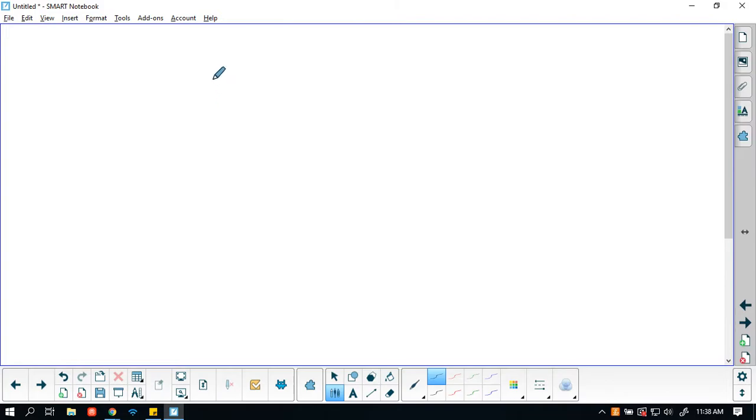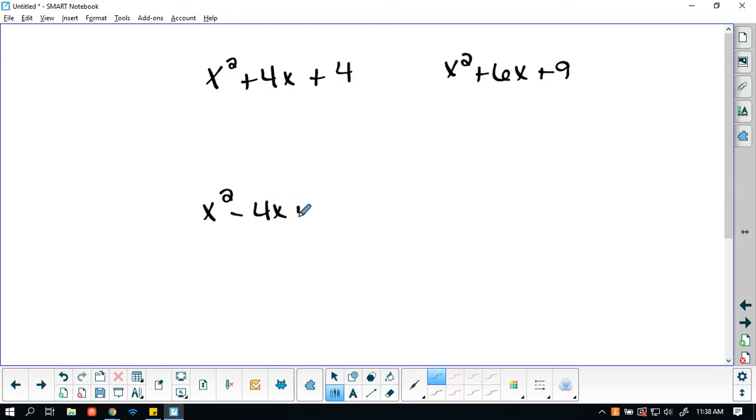So an example of a perfect square is something like x squared plus 4x plus 4, or x squared plus 6x plus 9, or even x squared minus 4x plus 4.